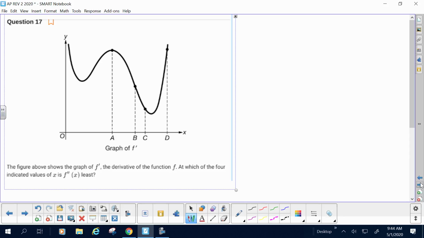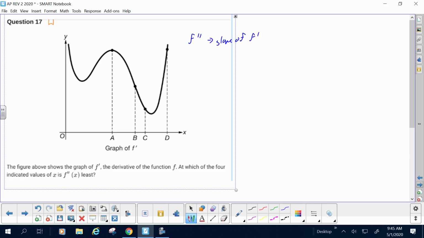So the idea here is the graph shows the first derivative. Read carefully. It's not f, it's the first derivative. At which of the 4 values, a, b, c, or d, is f double prime least? So I would start the dialogue with myself. f double prime is the slope of f prime.